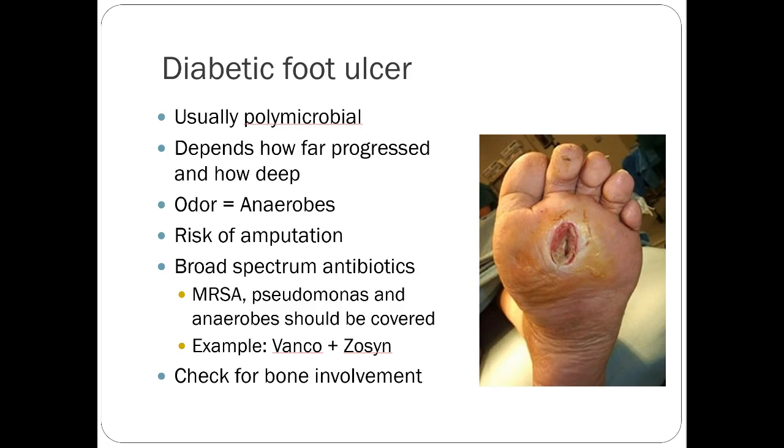Now, these are usually polymicrobial. It depends on how far in the ulceration is, but generally you'll know a diabetic foot ulcer the moment you step in the room. They smell pretty bad, and high risk for amputation, just because, think about it, there's already nerve damage here due to lack of blood flow, so you have issues with getting blood to the source. So how are you going to get antibiotics in there?